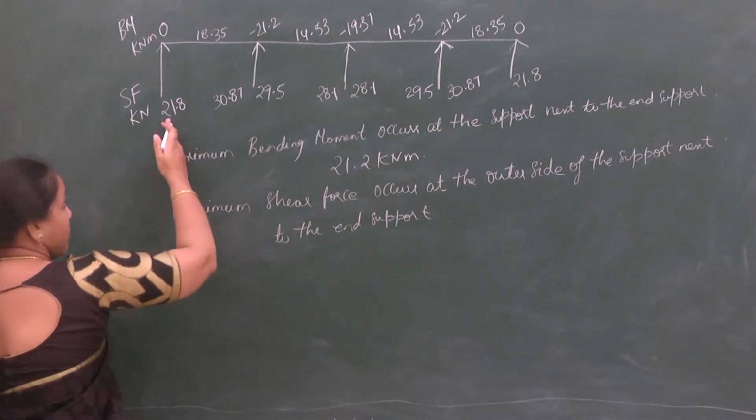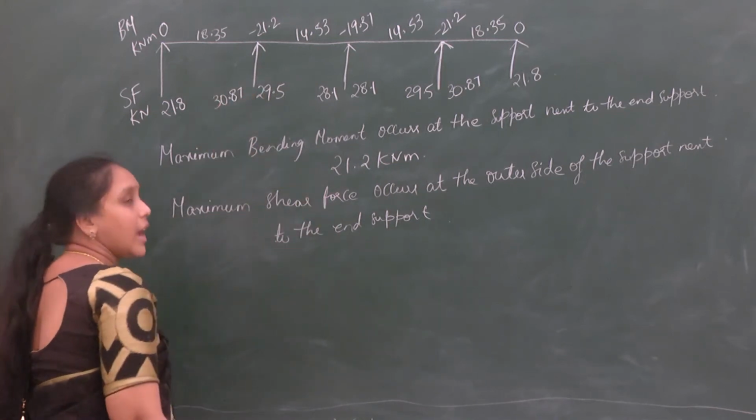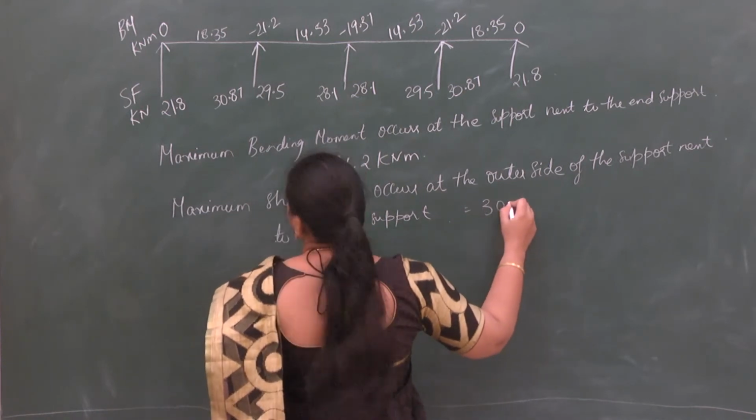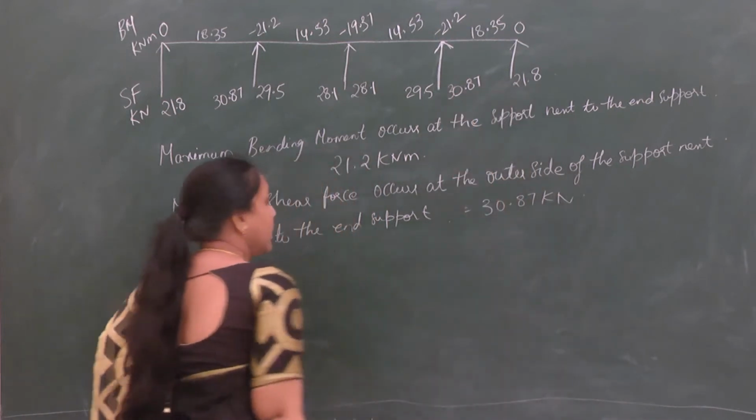So this is our end support and this is the next support, and on the outer side of the next support we have the maximum shear force, which has a value of 30.87 kilonewton. In a similar way, this side also.